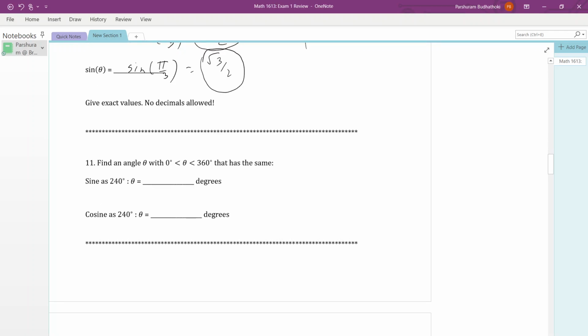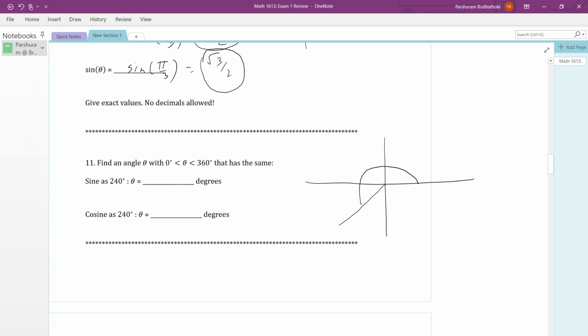Okay, so now problem 11: find an angle theta between 0 and 360 that has the same sine as 240. So we can use the same idea about the reference angle here. If we try to draw 240 degrees here, this is 180, this is 270, so 240 degrees means somewhere here.